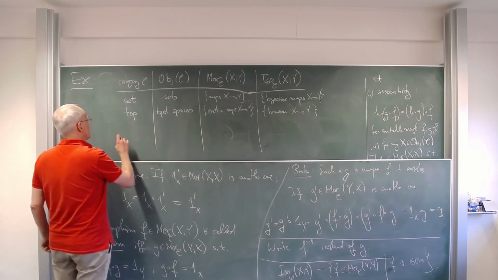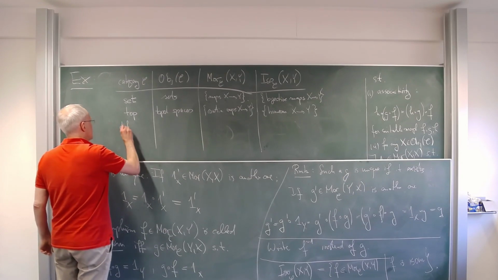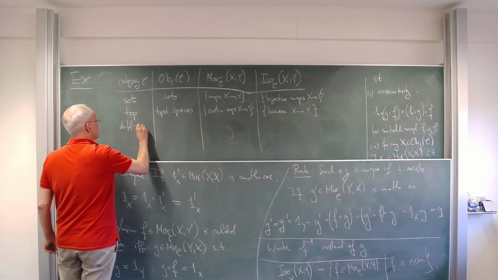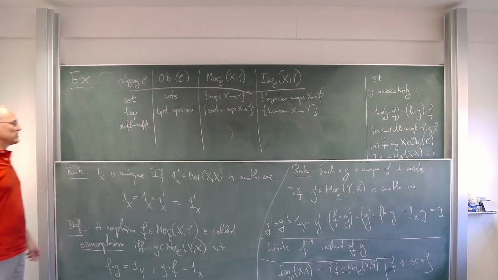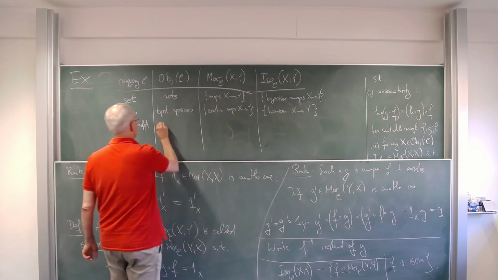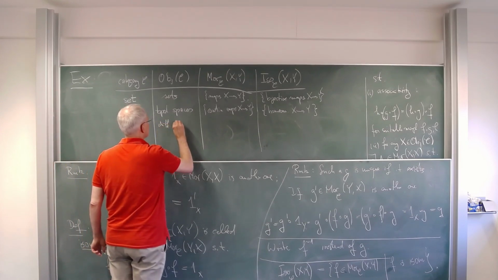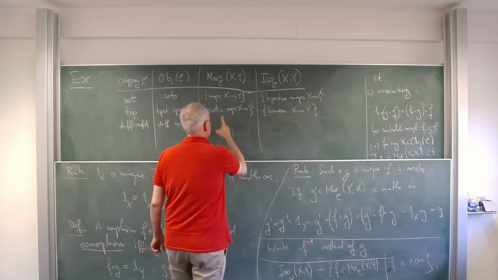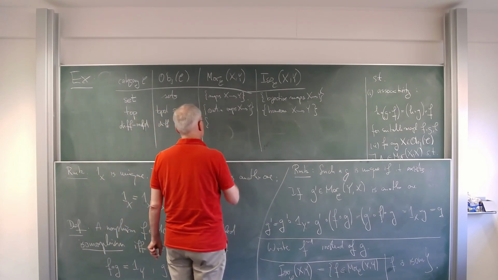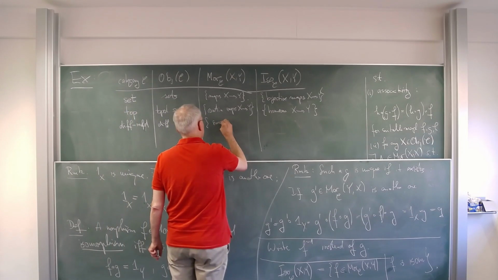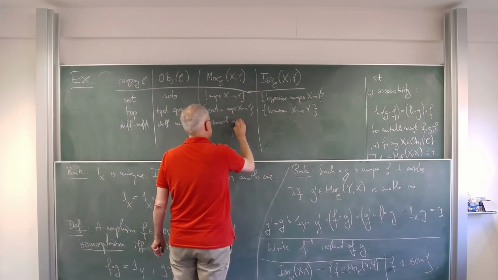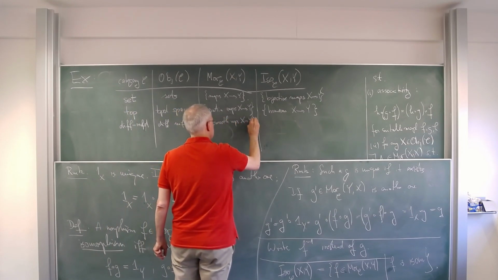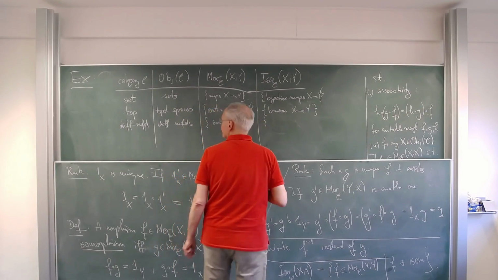Okay, anyway, another category would be that of differentiable manifolds. Let me call this category diff manifold, so differentiable manifolds. And this would consist of all smooth maps from X to Y. What are the isomorphisms?